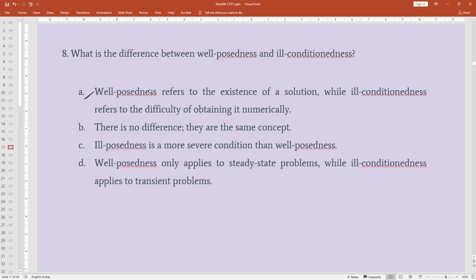Well posedness only indicates that a unique solution should exist, while ill conditionedness, or the scheme being well conditioned, means it is well built so that any small errors that creep in won't affect the solution process.